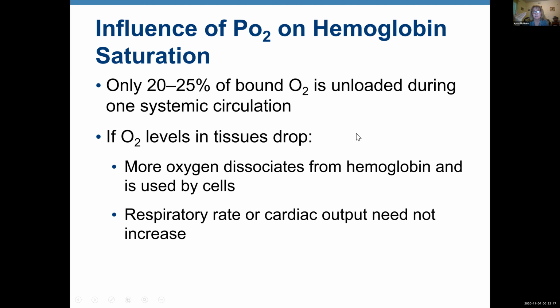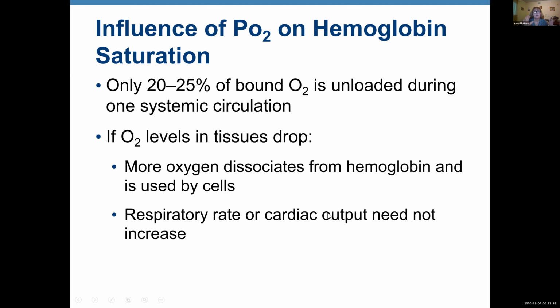So this gives you the ability to bring more oxygen to your tissue. Because under normal conditions, to support the normal functions of all your organs, you only need to unload 25% of oxygen. And this gives you the opportunity, when you start really working hard and your tissue needs more and more oxygen, to still have a lot of oxygen available. Plus you can increase respiratory rate and cardiac output.